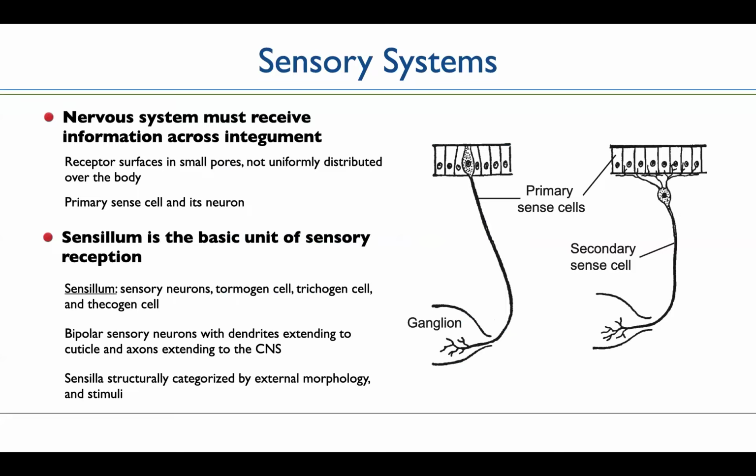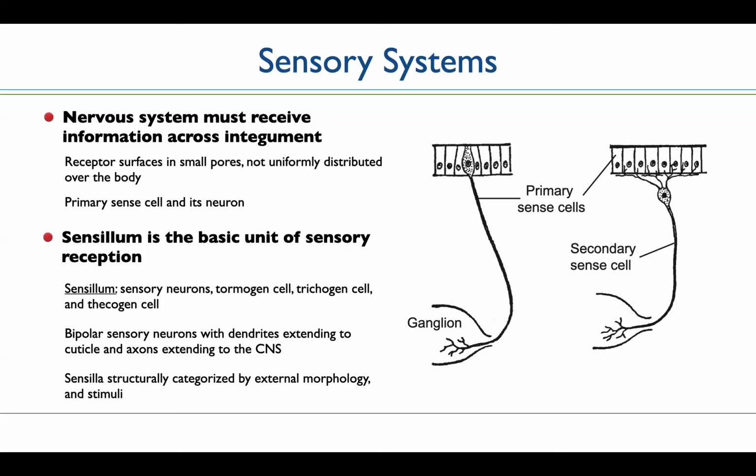So again, why I start with the nervous system is because it controls everything, right? We have discussed the origins of the nervous system, its general function, how it works with the endocrine system, and how it works with the integumentary system. And now we move into sensory systems here. But this nervous system has to be able to receive information across the integument to work properly, and this is where the sensilla come into play.